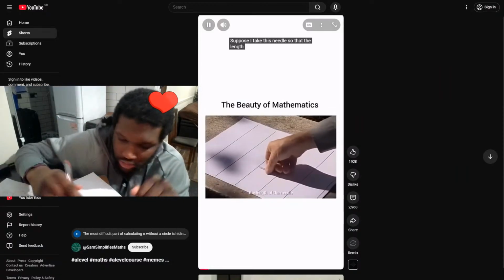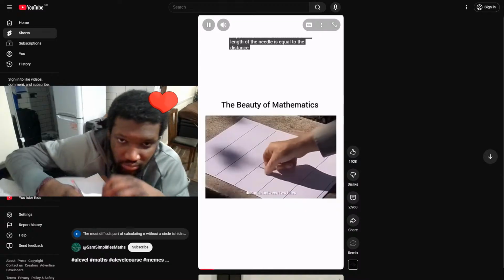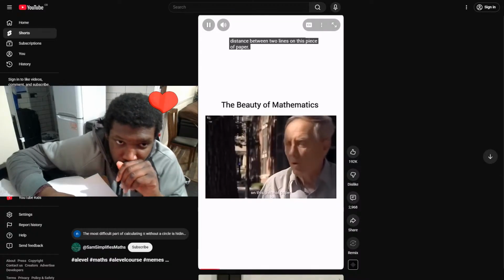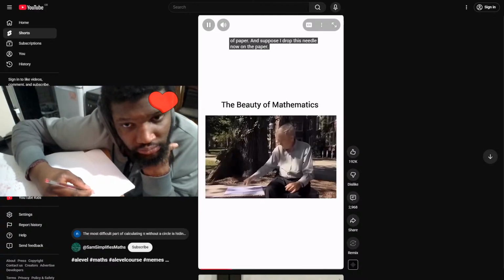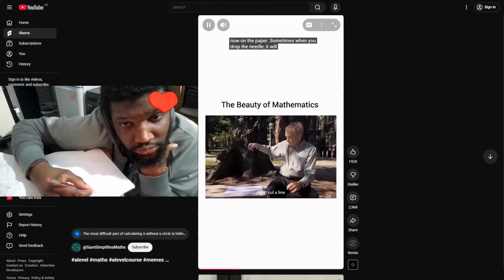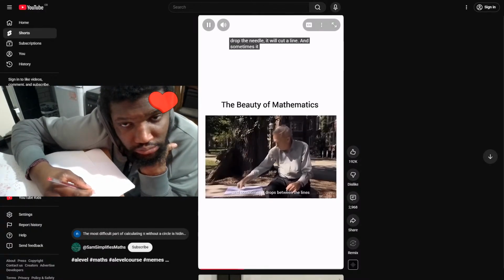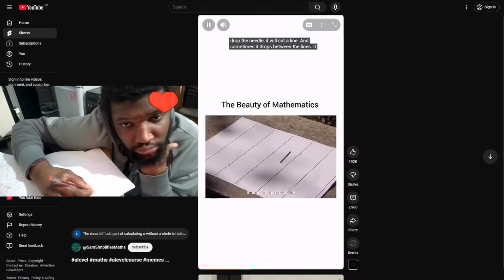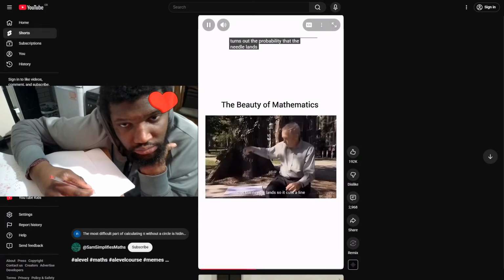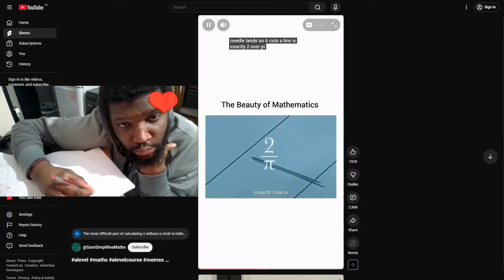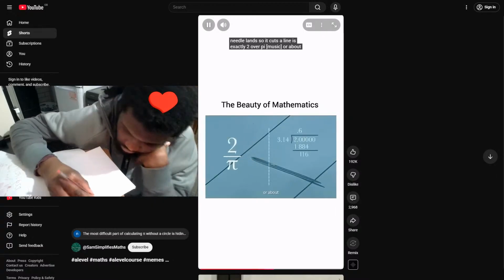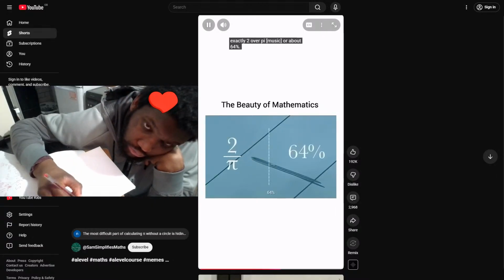So that the length of the needle is equal to the distance between 2 lines on this piece of paper. And suppose I drop this needle now on the paper. Sometimes when you drop the needle, it will cut a line, and sometimes it drops between the lines. It turns out the probability that the needle lands so it cuts a line is exactly 2 over pi, or about 64%.